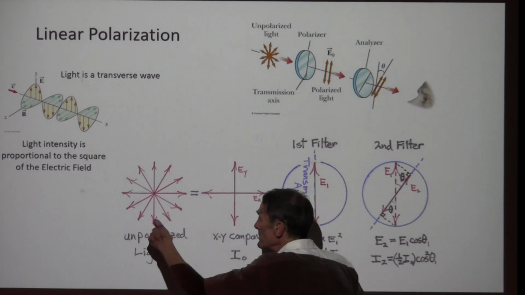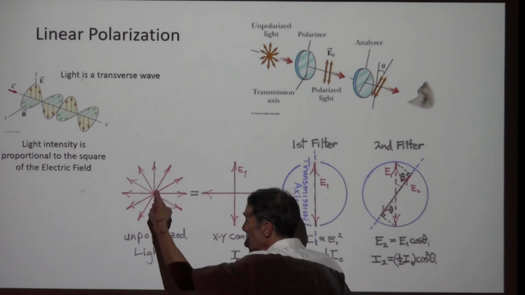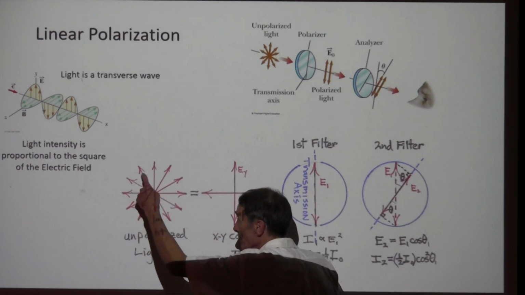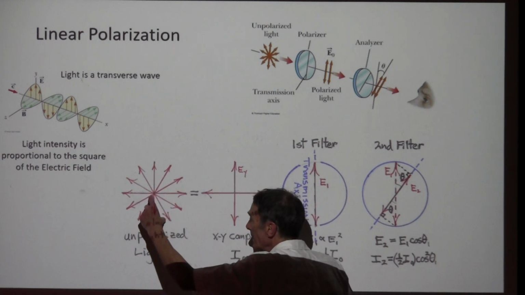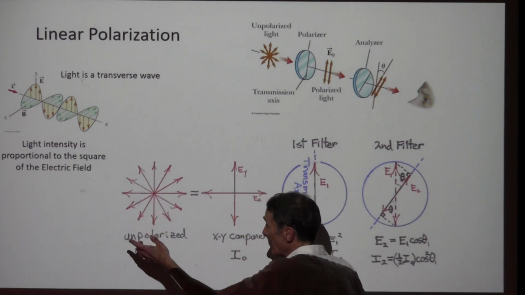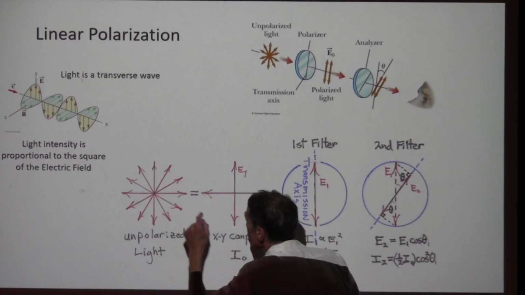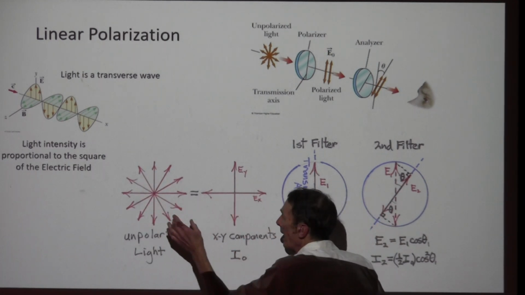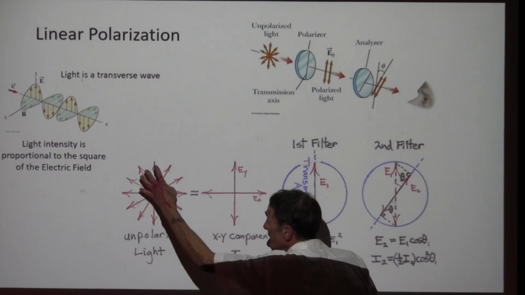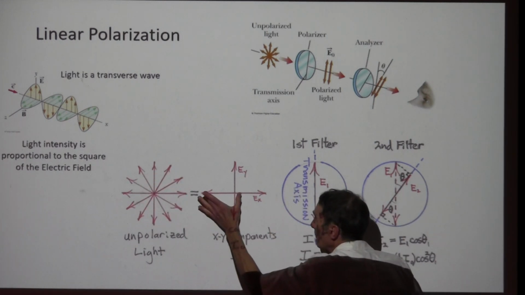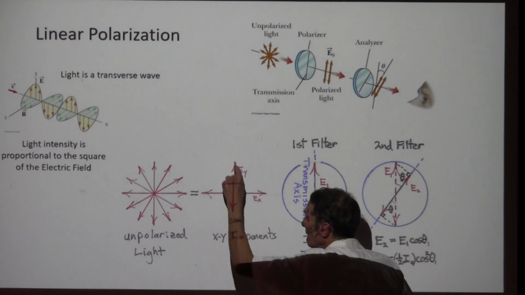Because the electric field is a vector field, we can take these vectors and break them into components, in the x and also in the y direction. So I'm going to add up E in the x and add up E in the y.